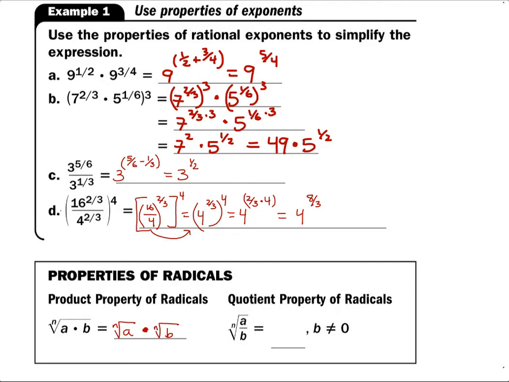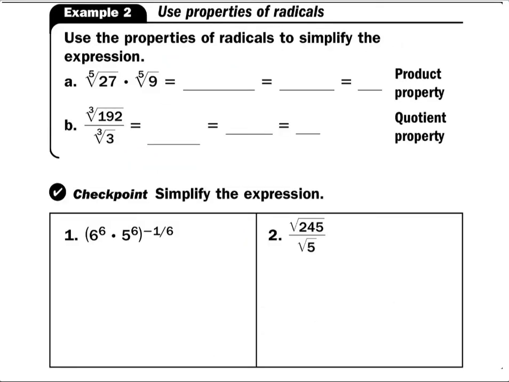Similar idea here on the right. If you're dividing, it's two separate radicals being divided. And the reason why will come true here in the next example, which I need to bring up on the bottom half of your page.